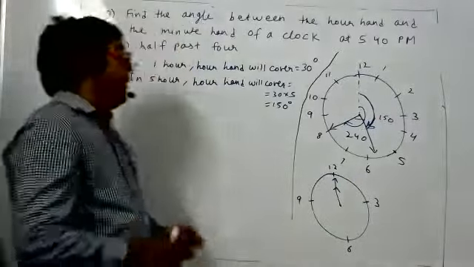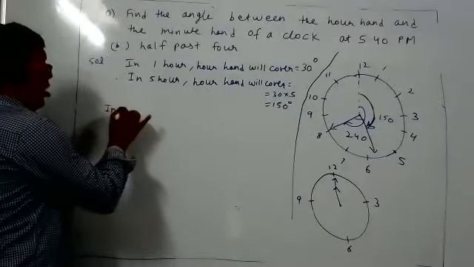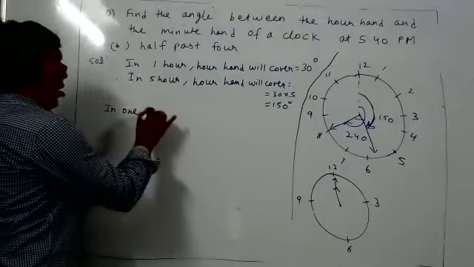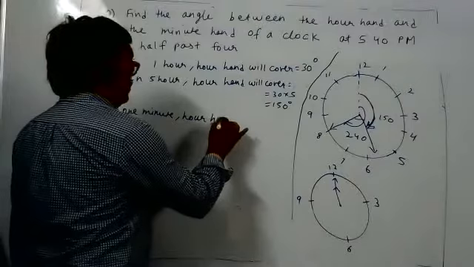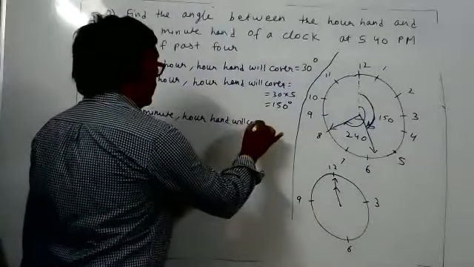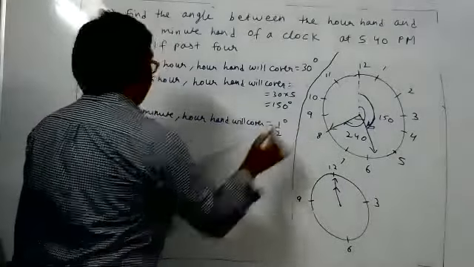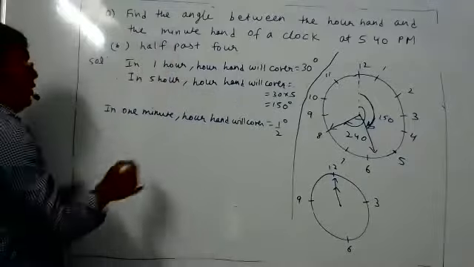Yes, sir. So in 1 minute, how much angle will the hour hand cover? Half a degree. The hour hand has moved for 40 minutes because the time is 5:40.